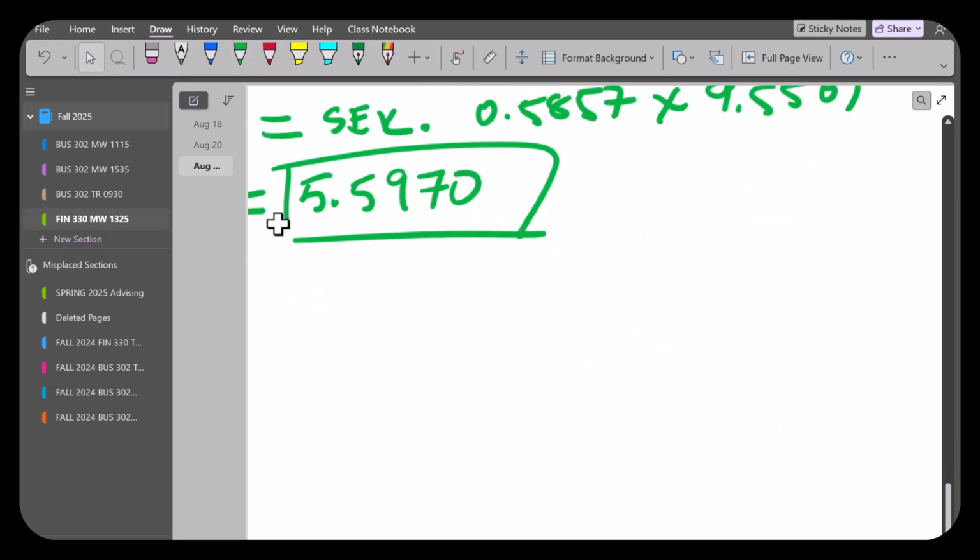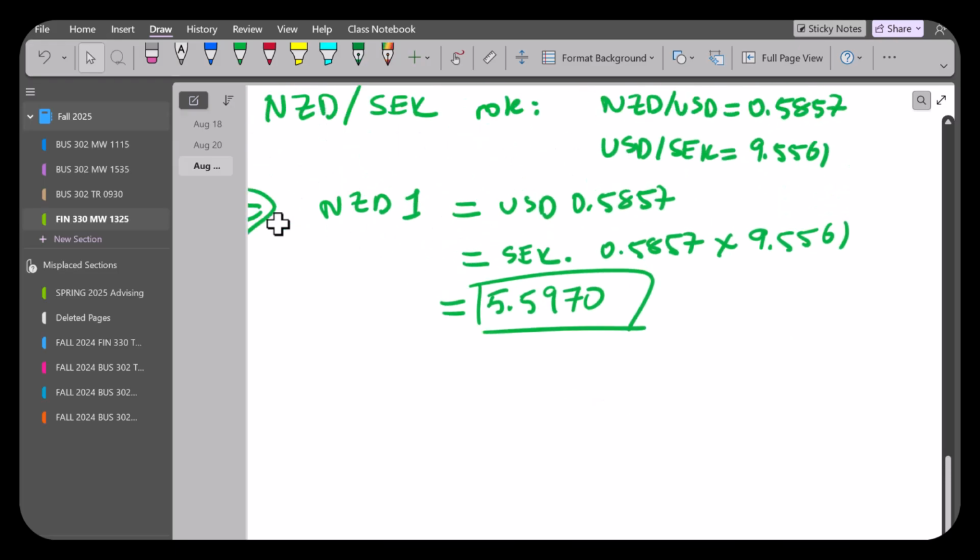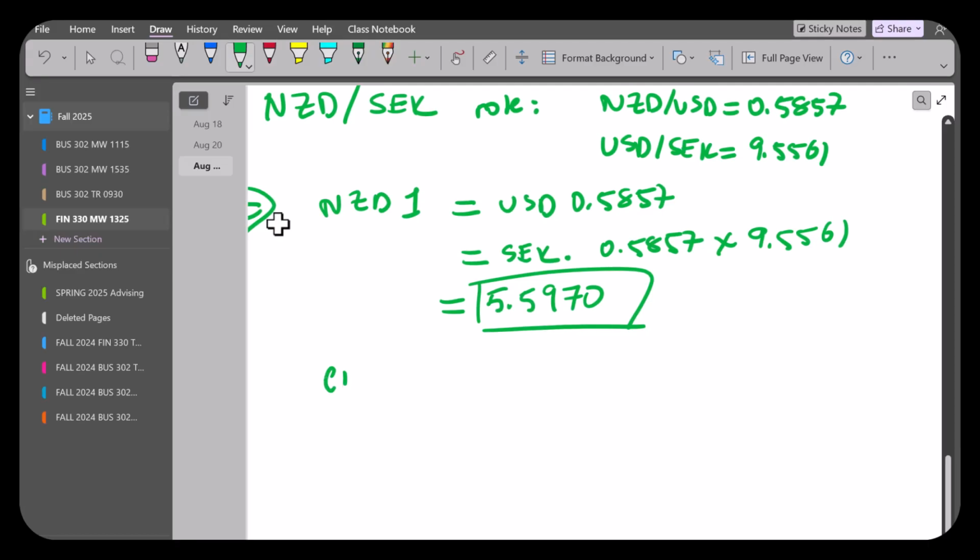Let's use another one. Suppose I want this. So how would we go about that? We already know the New Zealand rate.